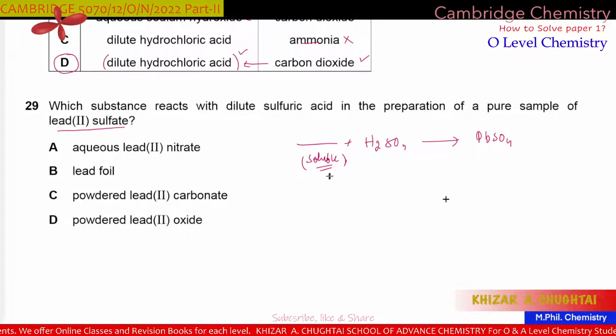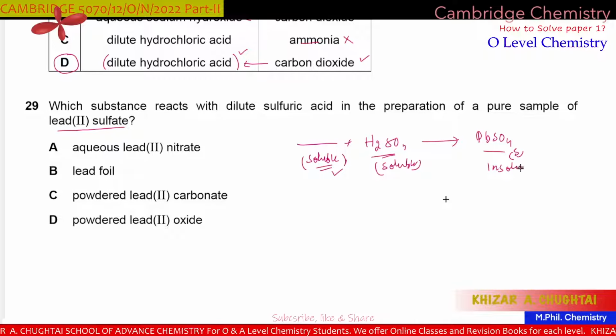So there must be a soluble one, as this acid is also soluble. This is a precipitation reaction. PbSO4 is a solid, that is insoluble. And one more species that may be formed may be the soluble one. So we have to choose a soluble compound that has lead 2 positive ion.